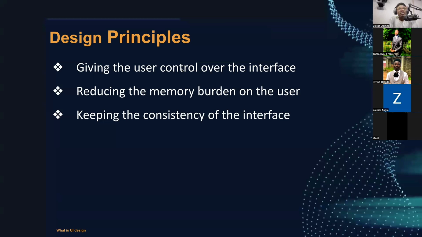Keep consistency of the interface. You're not just designing, but you're keeping the consistency there. It means if you're using a text, right? A text of 16 pixels, that's the font size of 16, right?